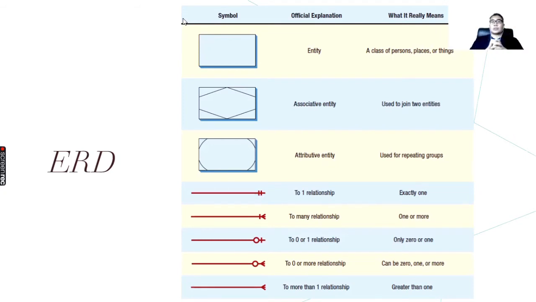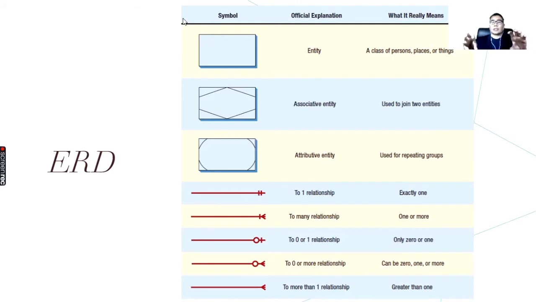For example, students enrolling in courses. This is an example of a many-to-many relationship. If we want to convert it into a database system, we need the associative entity, which is the study plan card. So students will need to input their courses in the study plan card. This is the associative entity.